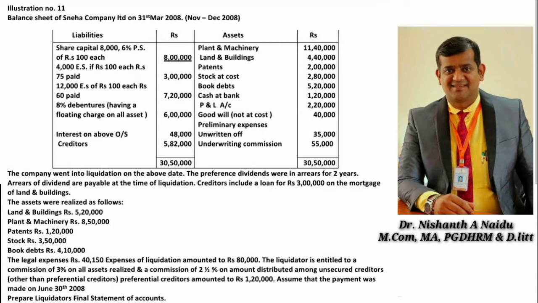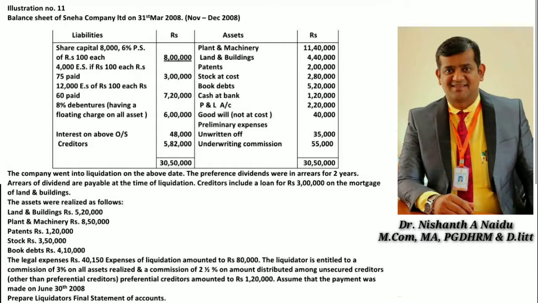The legal expenses rupees 40,150. Expenses of liquidation amounted to rupees 80,000. The liquidator is entitled to a commission of 3% on all assets realized and commission of 2% on the amount distributed among unsecured creditors other than preferential creditors.